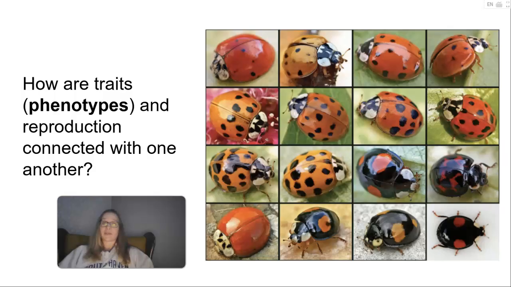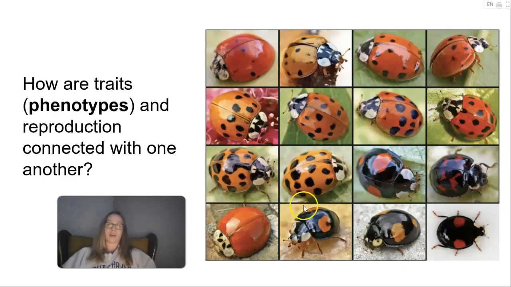How are traits, or our phenotypes, connected with reproduction? Why does it matter for reproduction whether you look like this, or this, or this? Is one more attractive than the other? Is one less attractive than the other? Do you have to be visible in order to reproduce with a mate?